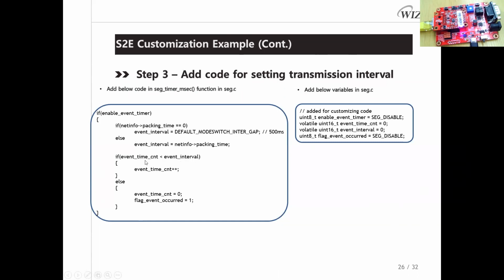The event interval is 5 milliseconds by default. If the time data packing condition is set with a specific value, then the event interval equals the time data packing condition. Then, if the event time count reaches the event interval, the event occurred flag is set.